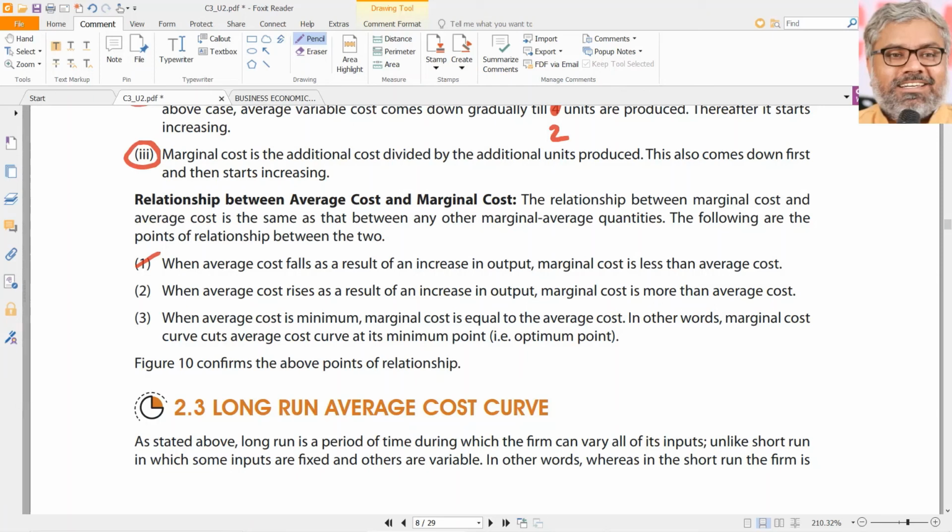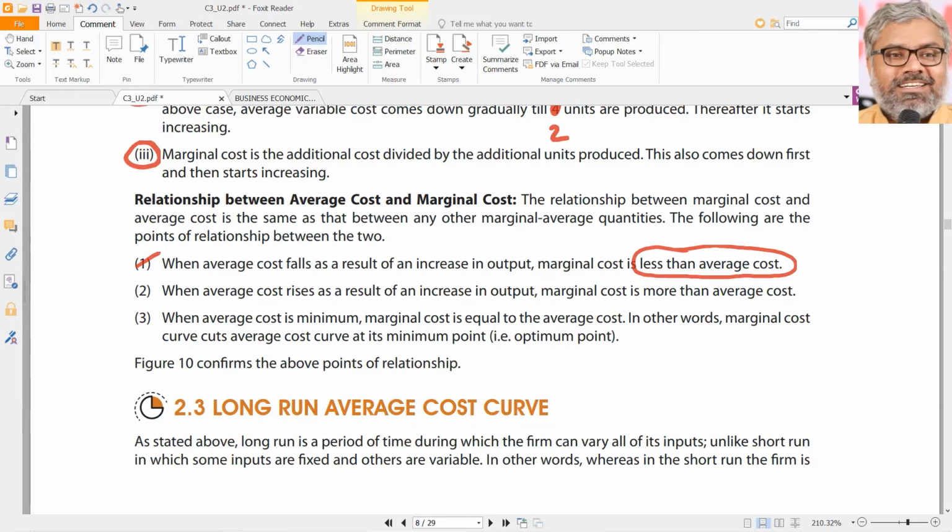So when the average cost is falling, the marginal cost is less than average cost. Same like production. There, if you remember, the marginal product was more than average product when the average product was rising. Here it is exactly the opposite. When the average cost is falling, the marginal cost is less than the average cost.